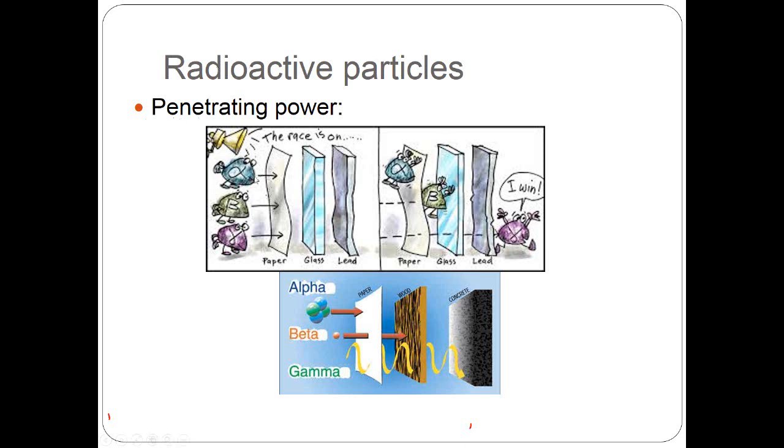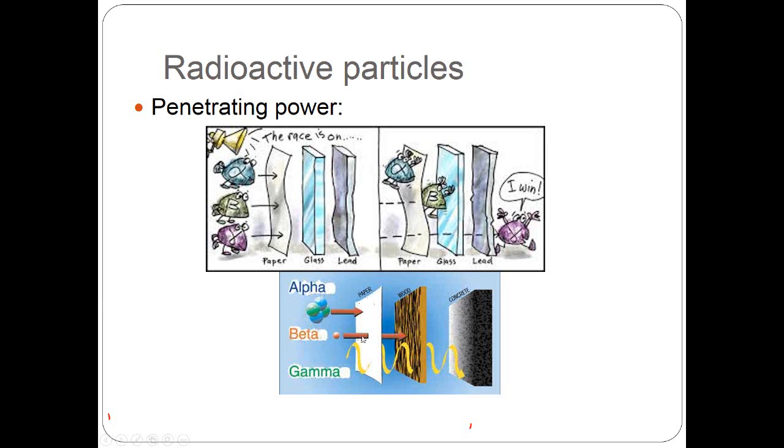That is the ability of these particles to go through different types of material. If you'll notice, this down here is easier to look at. An alpha particle is not able to penetrate through a sheet of paper. So alpha particles, even though they're radioactive and have some energy associated with them, are easy to stop.